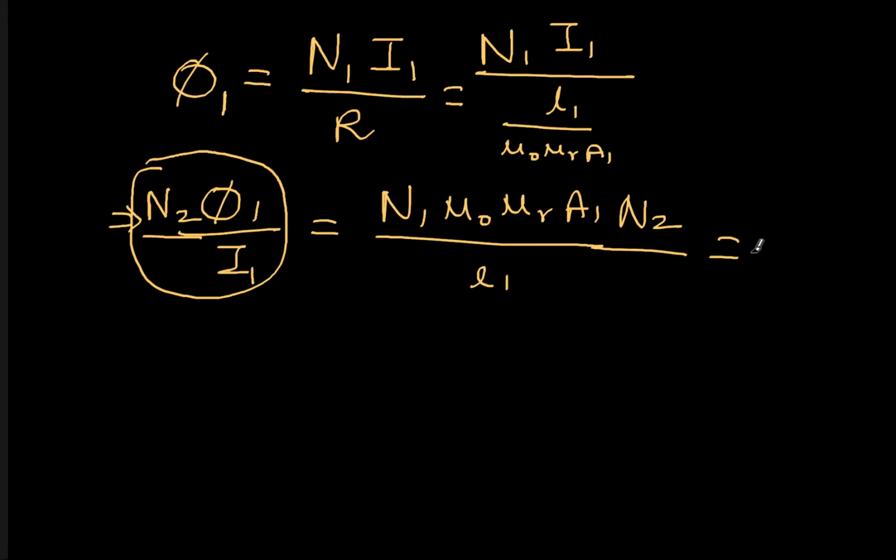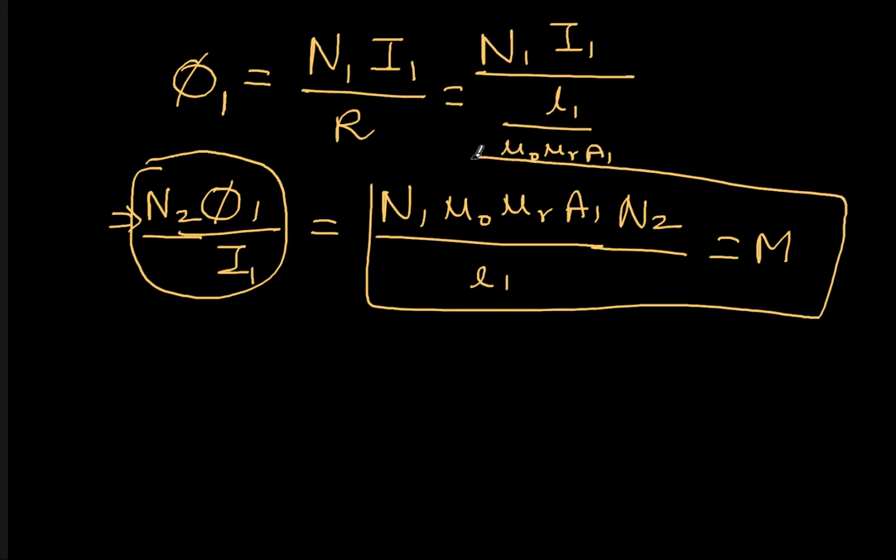So this is nothing but M. So now I got an equation for M in terms of geometrical parameters, that means the length of the coil, the number of turns in the coil and so on. So this is my M here. More famously it is written as N1 N2 into mu naught mu r A1 by L1.